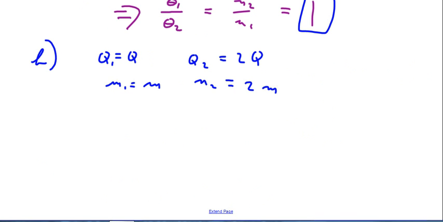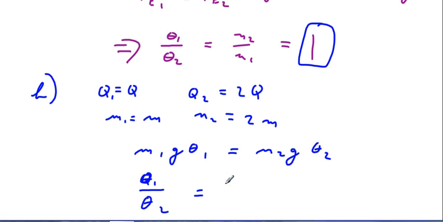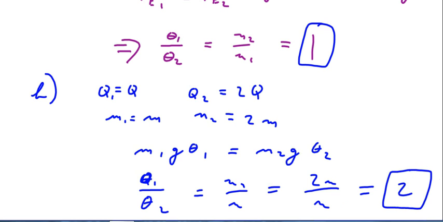Okay, so we're going to use the same reasoning and say that in that particular case, then M1G theta 1 has to still equal M2G theta 2. We don't have a choice there, so theta 1 over theta 2 has to be M2 over M1, which has to be 2M over M, which means my ratio needs to be 2.